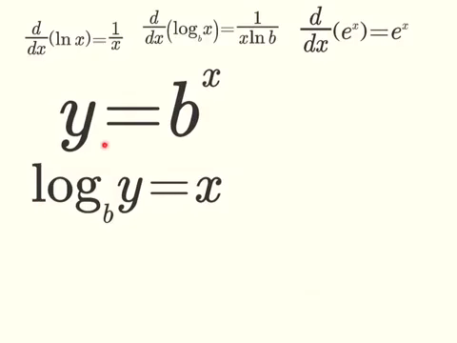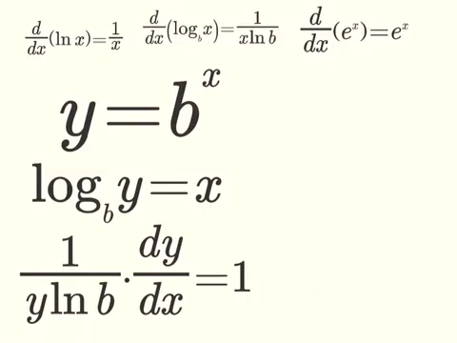If we take the derivative with respect to x, well, we know that the derivative of x is 1. And to find the derivative of the log base b of y, we can apply this property, this equation that we already proved. And we'll arrive at this. And again, this came from applying this property. The argument here is y, so you have 1 over y times the natural log of the base, and then times the derivative of the argument, the chain rule, and that's equal to 1.